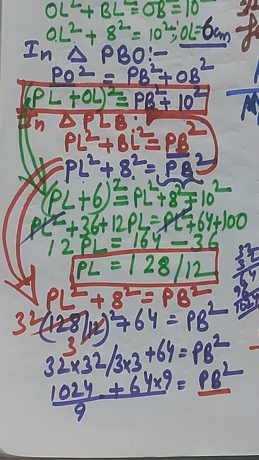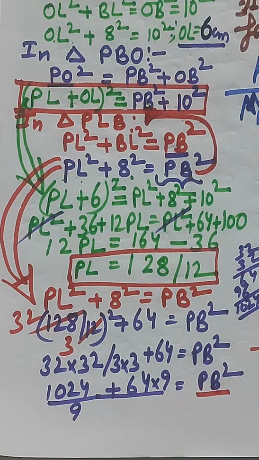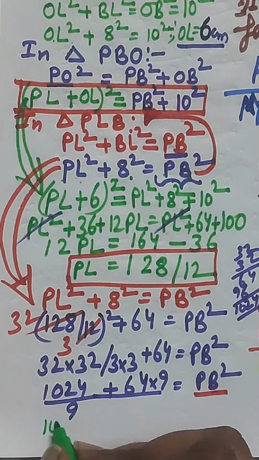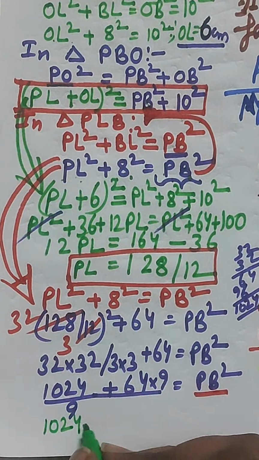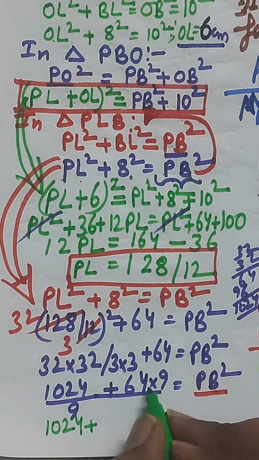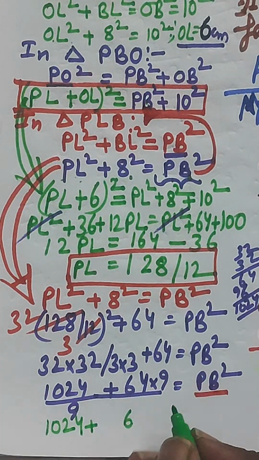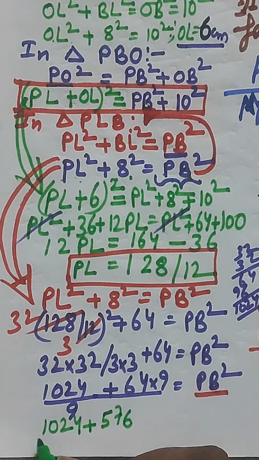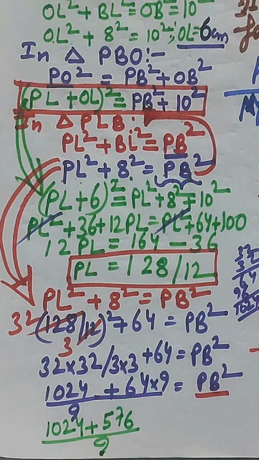Now from here, we can say 1024 plus 64 into 9, 9 4 36, carry 3, it is coming as 576 by 9, right?